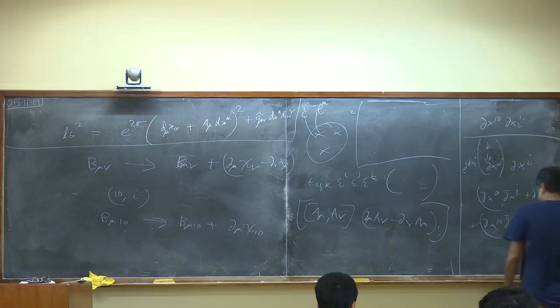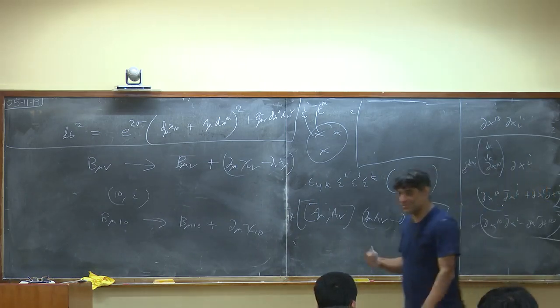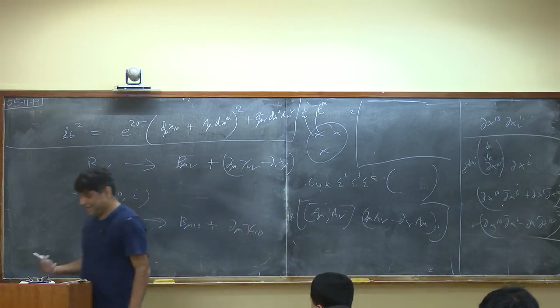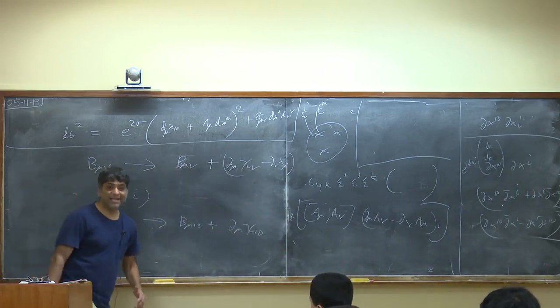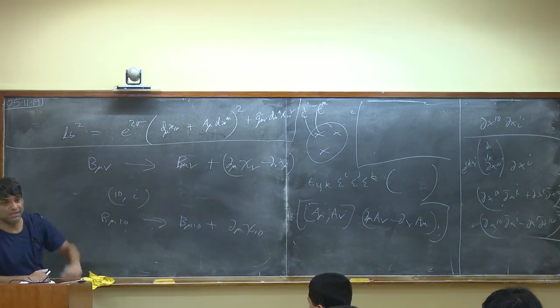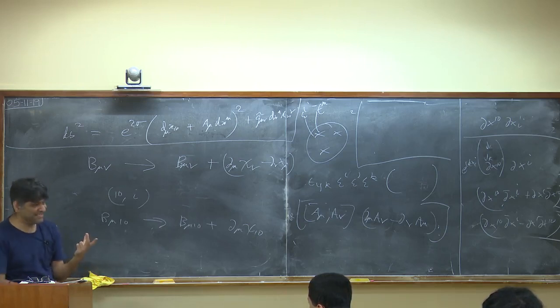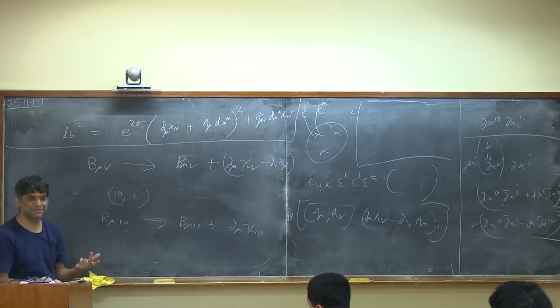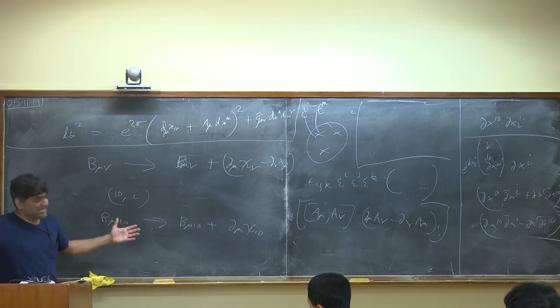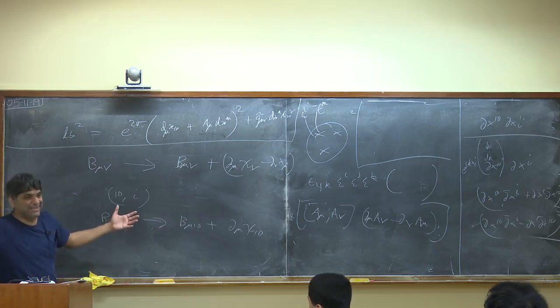Now, you can ask, why does it get enhanced to SU2 times SU2? Well, there's no answer to that in terms of low energy field theory. Because we're at the point where neither the description itself nor the T-dual description is at long radius compared to string scale.